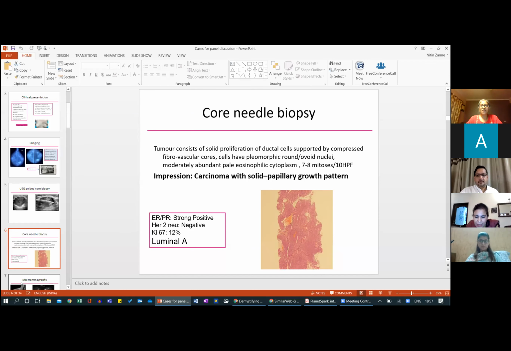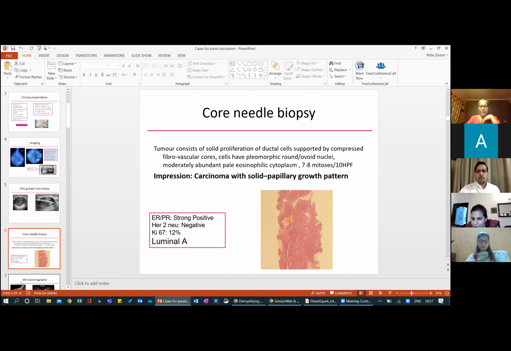So here in this core biopsy, what we are seeing is a proliferation of cells. It's not very clear in this magnification, but it is a solid proliferation of cells with very delicate fibrovascular cores. You don't have those thick fibrovascular cores which you see in typical benign lesions.